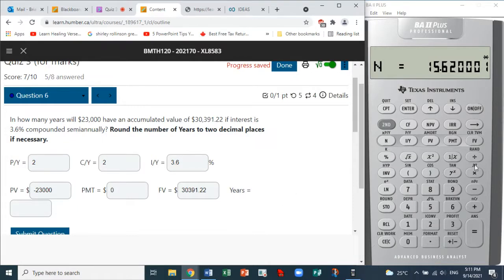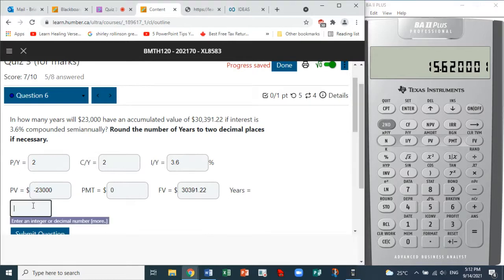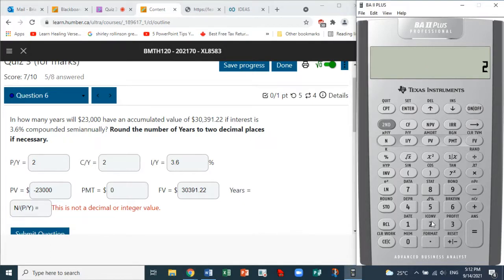So let's do that. We divide by P/Y or C/Y. For the number of years, let's put an entry such as N divided by, in brackets, P/Y, or C/Y, and that would be equal to, so we go and divide by 2.